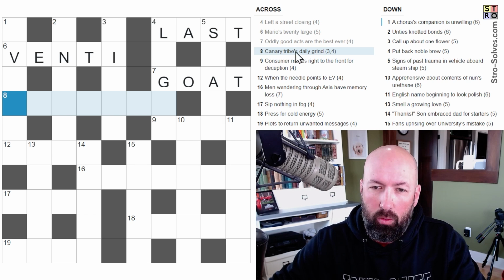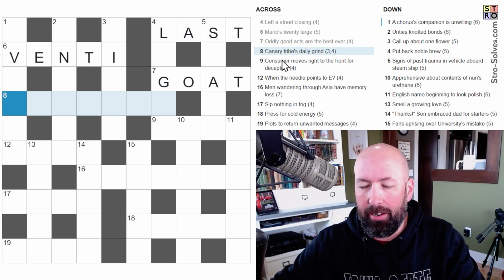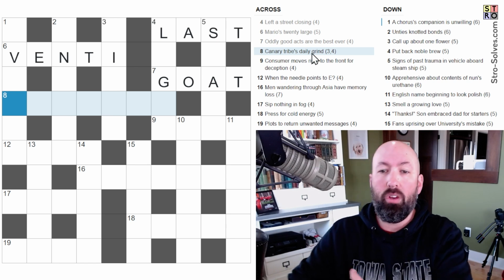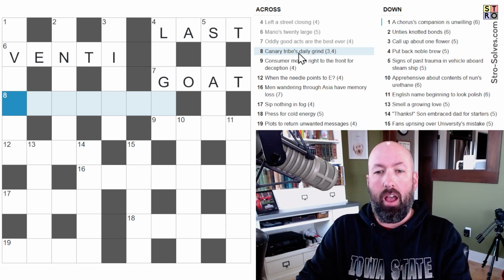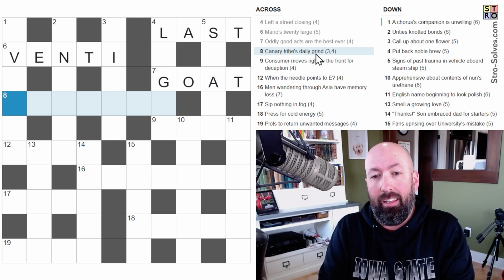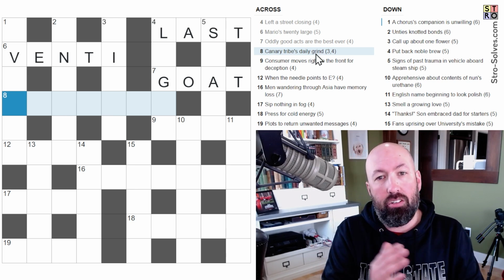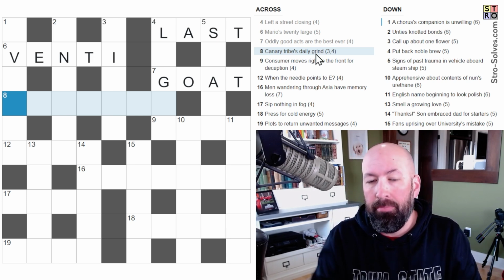Now, there's a little bit of a trick going on here that happens in cryptic crosswords sometimes. If you just read this as a sentence, canary tribe's daily grind, you're saying it's the daily grind of a canary tribe, right? That apostrophe S is possessive.